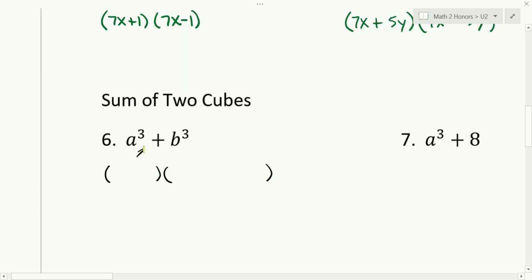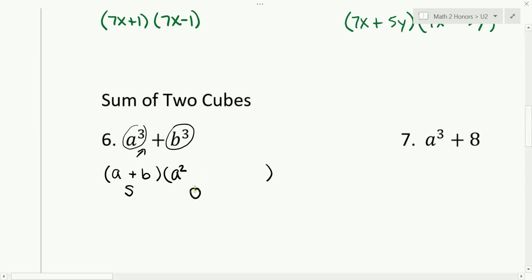First factor comes from this. You take the cube root of each of these pieces. What is it? A, and it's plus because it's the same sign, SOAP. And we've got B. Then these 3 terms come from these 2 terms. We go a times a, and put that there, a squared.